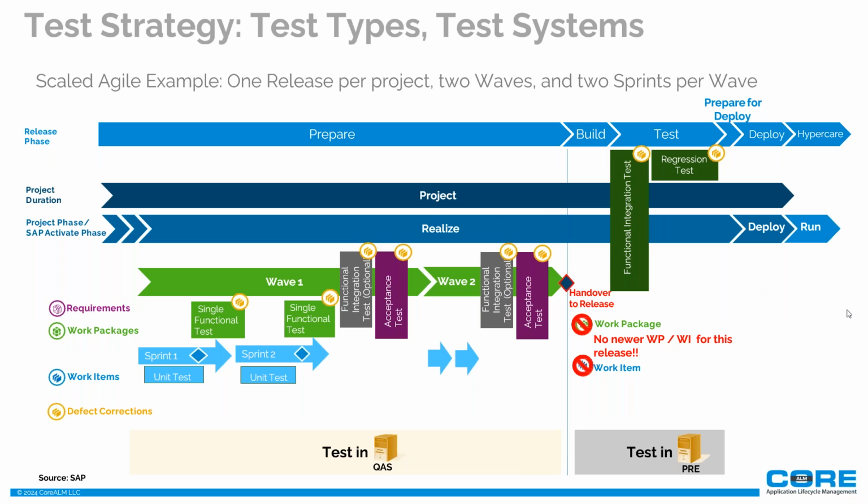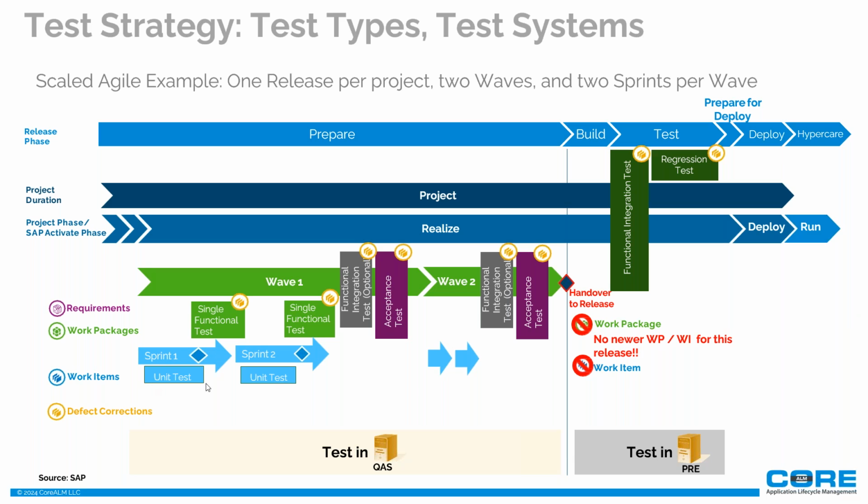Now, we know where we fit in the big picture of the project, and we know what test types we have, but now from the particular project perspective on a wave and sprint, what testing type will fit in.